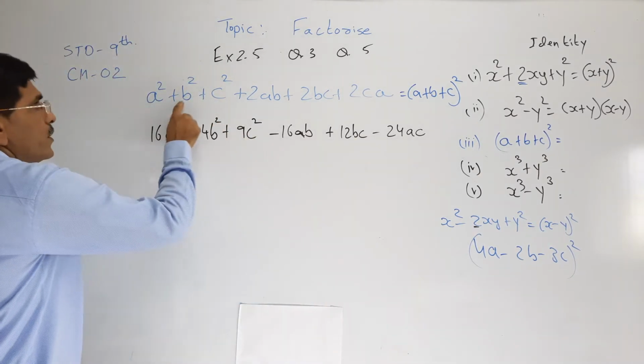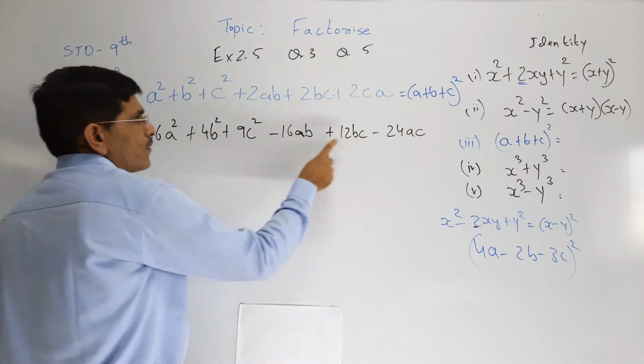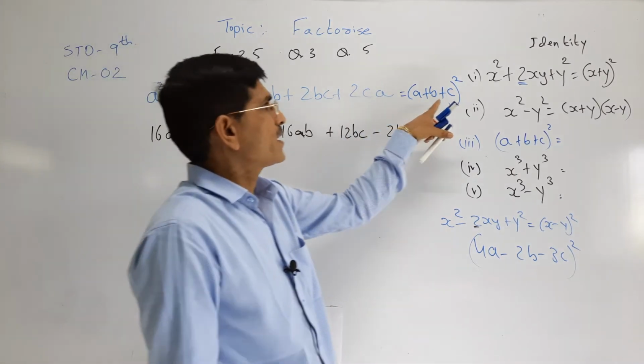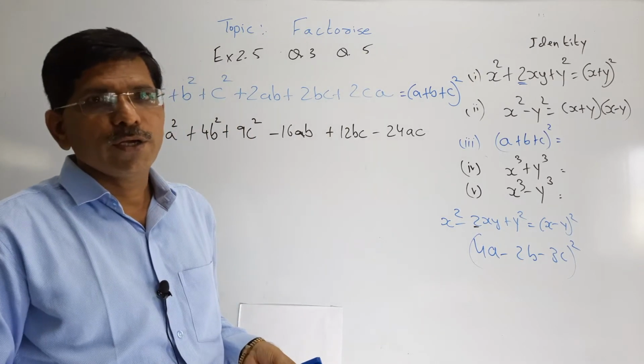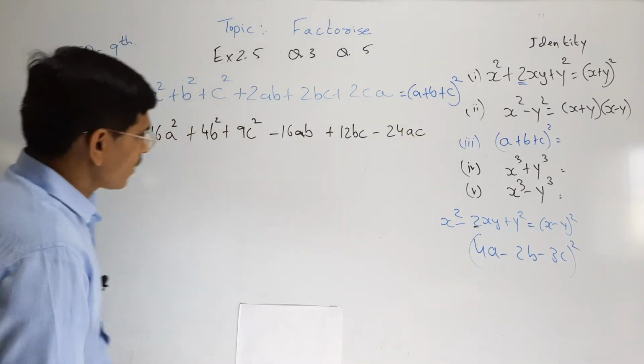If you see, 1, 2, 3, 4, 5, 6 terms are there. The answer must be (a plus b plus c) whole square. The answer is fixed, we know it, because the first 3 terms are squares. So what is my target?